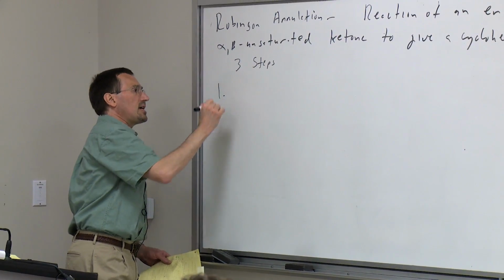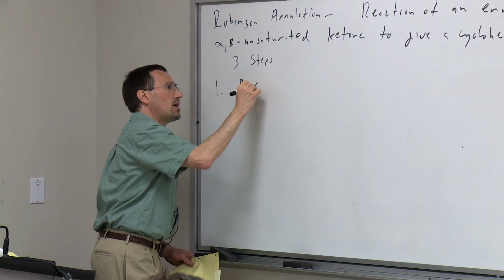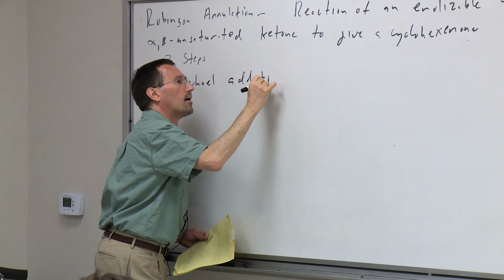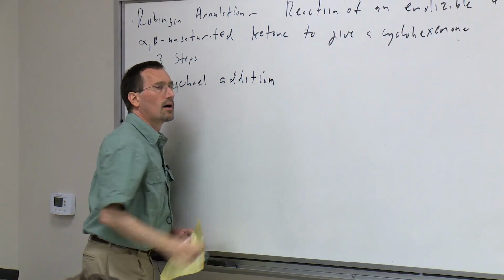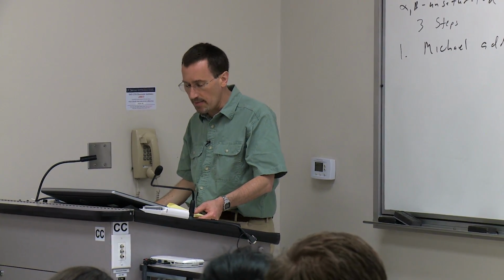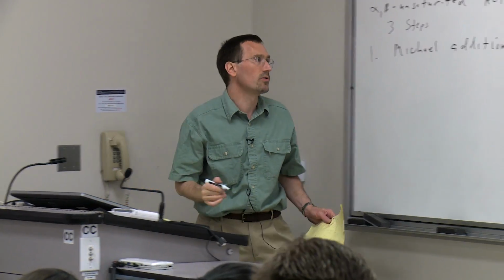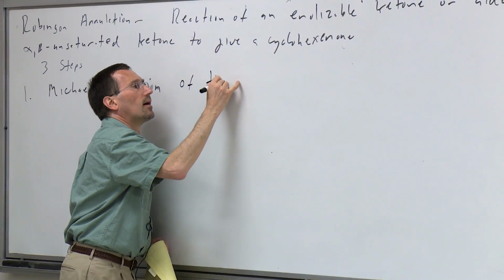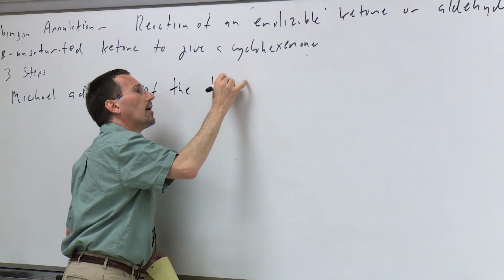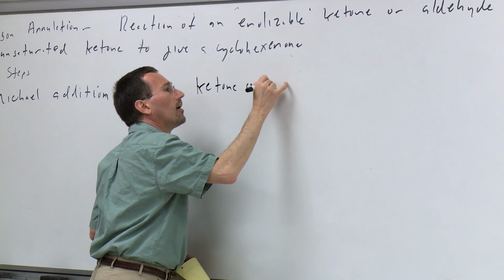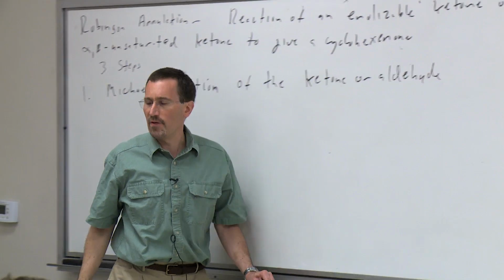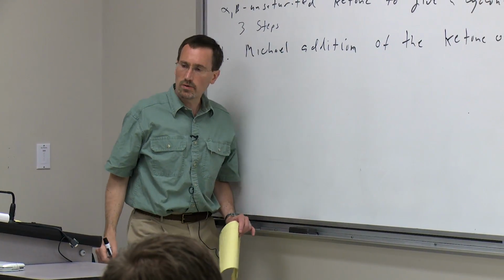The first is the Michael addition of the enolate of the aldehyde. So I'll say the Michael addition of the ketone or aldehyde to the alpha-beta unsaturated ketone.